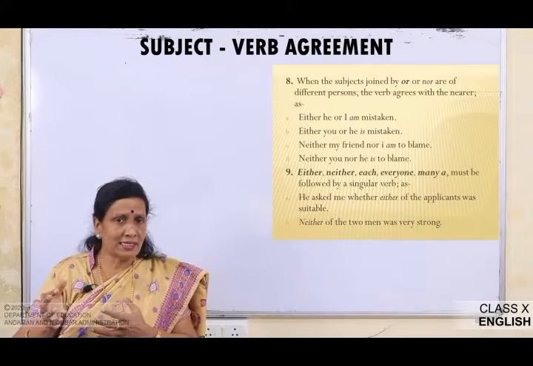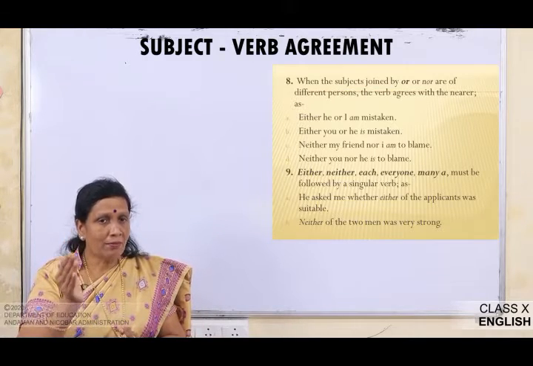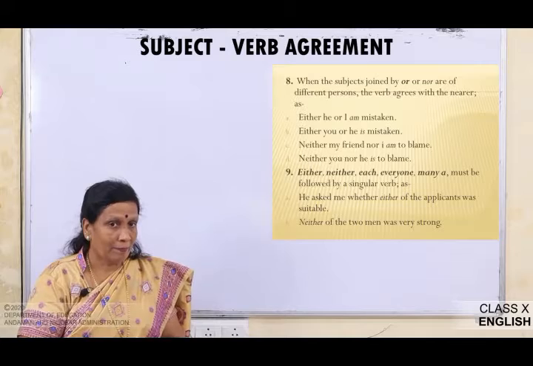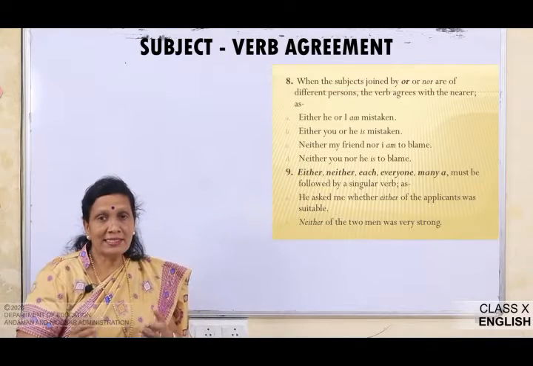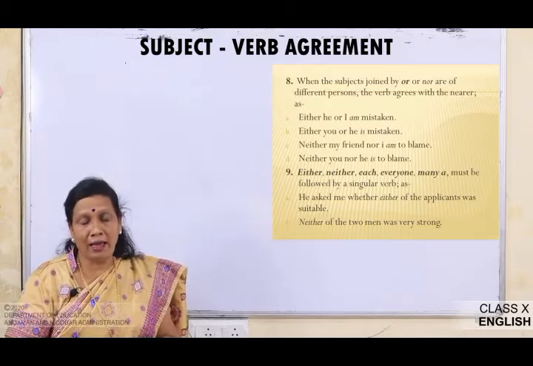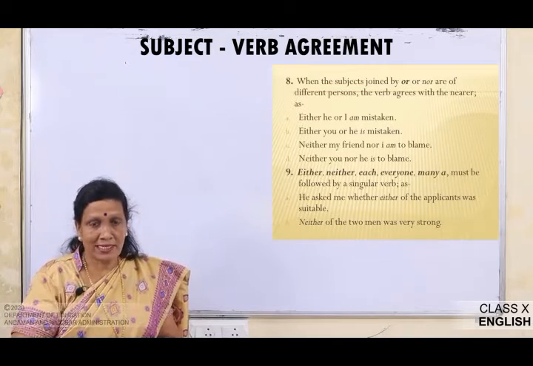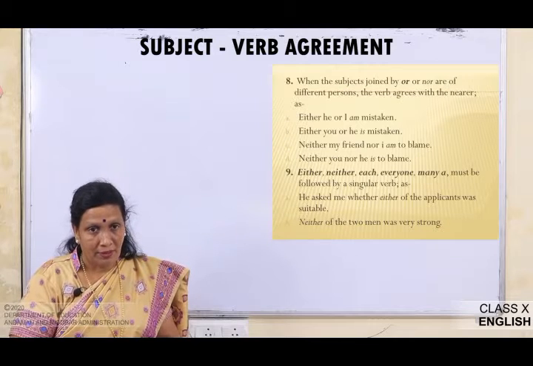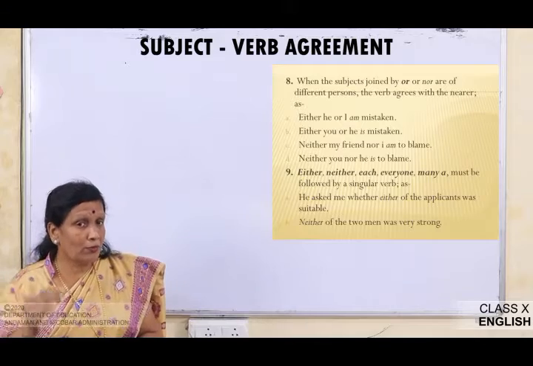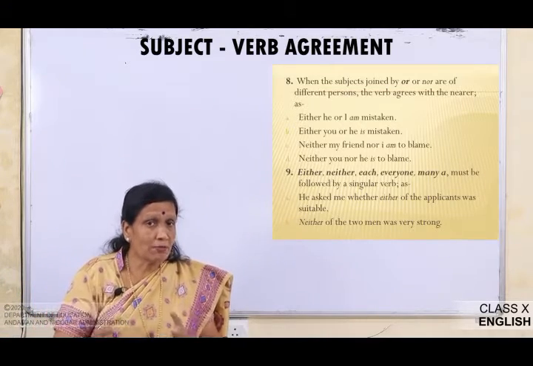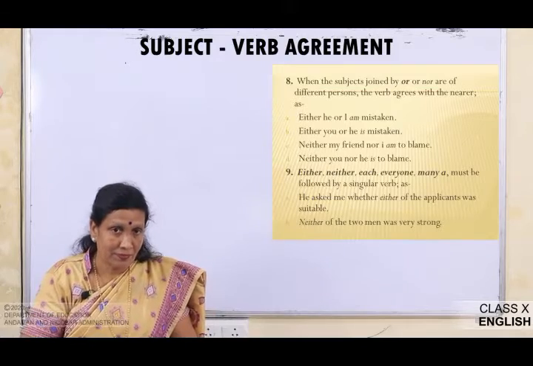So, here in this sentence, the verb am is nearer to I than to he. Okay? The sentence is either he or I am mistaken, where we have used the connector or. But whether we should use a singular or plural verb depends upon the verb's nearness to its subject.